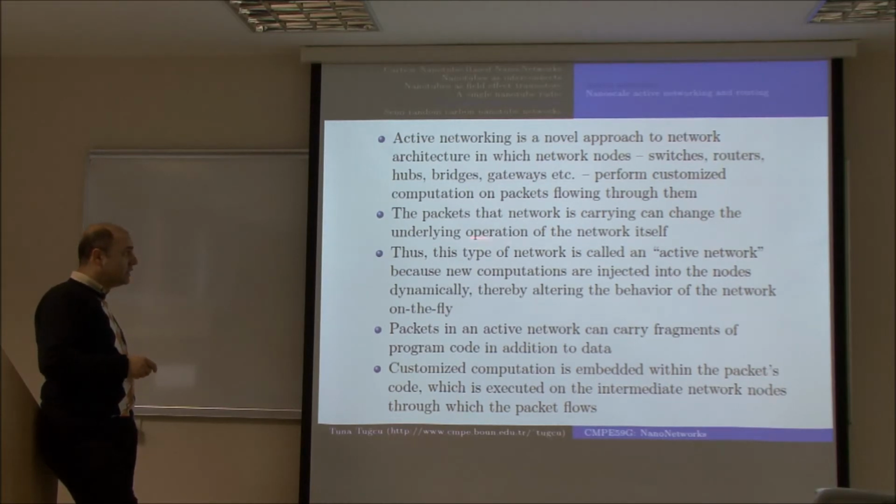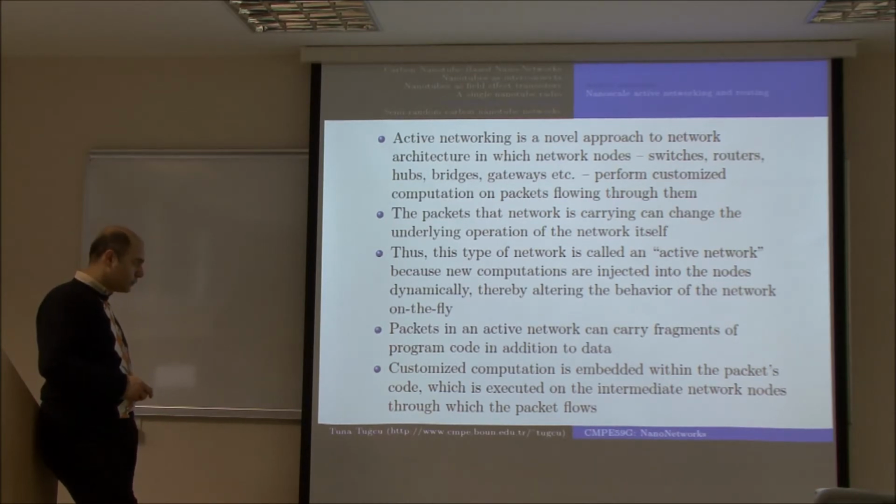So this type of networking is called an active network, because the network is now active and very dynamic, and it's evolving all the time, because new computations are now injected into the nodes in the network in a dynamic manner.